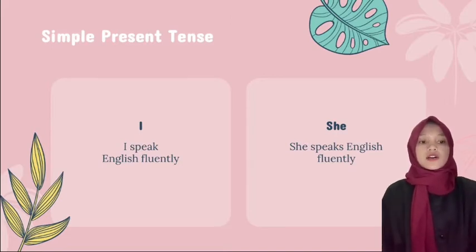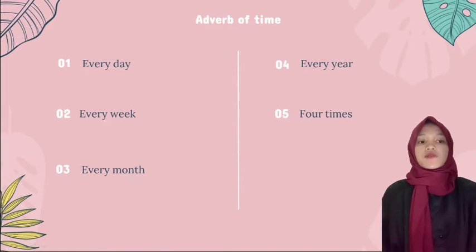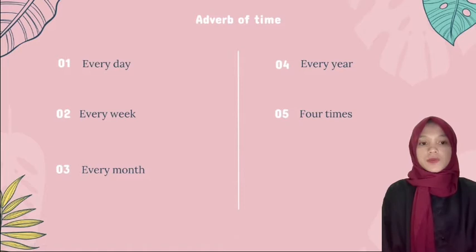Okay, next slide. I will show you how we can tell if a sentence is using the simple present tense pattern. In addition to the verb in the basic form with ending S or ES, as already explained, the marker is usually an adverb of time.